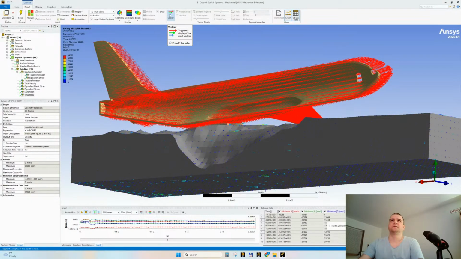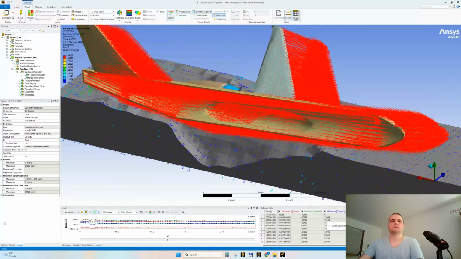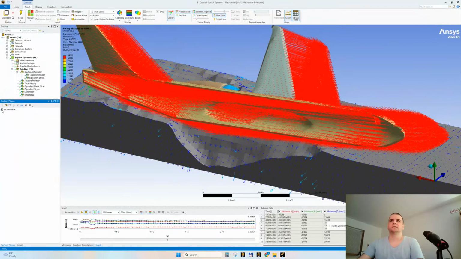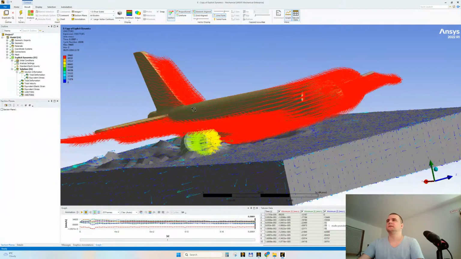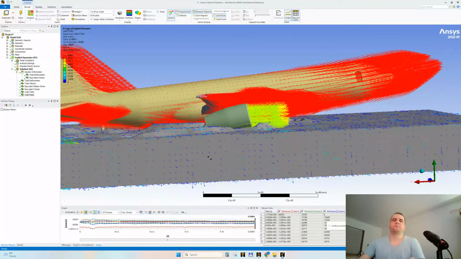Look here. Vectors, click, and you can increase their length, something like this. Let's see. All right. Something like this. There is obviously a discrepancy between the moving part and the fixed, or let's say the relaxed water.